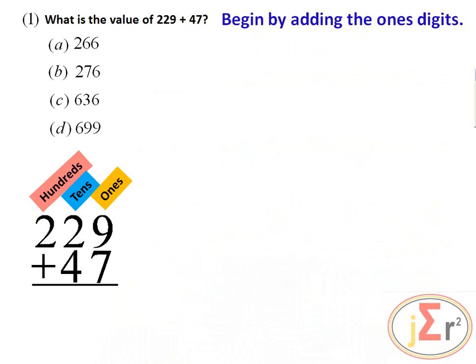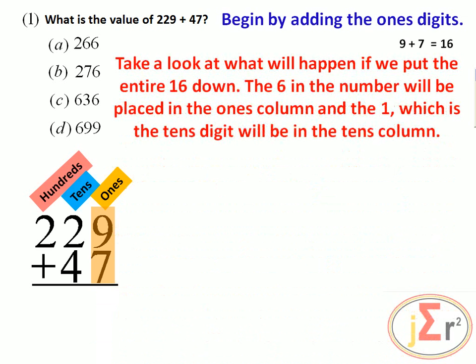Begin by adding the ones digits. The ones digits, when we add them, Jerry, what will be the result? 16. Alright, look at this now, Jerry. 9 plus 7, that's 16. Take a look at what will happen if we put the entire 16 down. The 6 in the number will be placed in the ones column, and the 1, which is the tens digit, will be placed in the tens column.